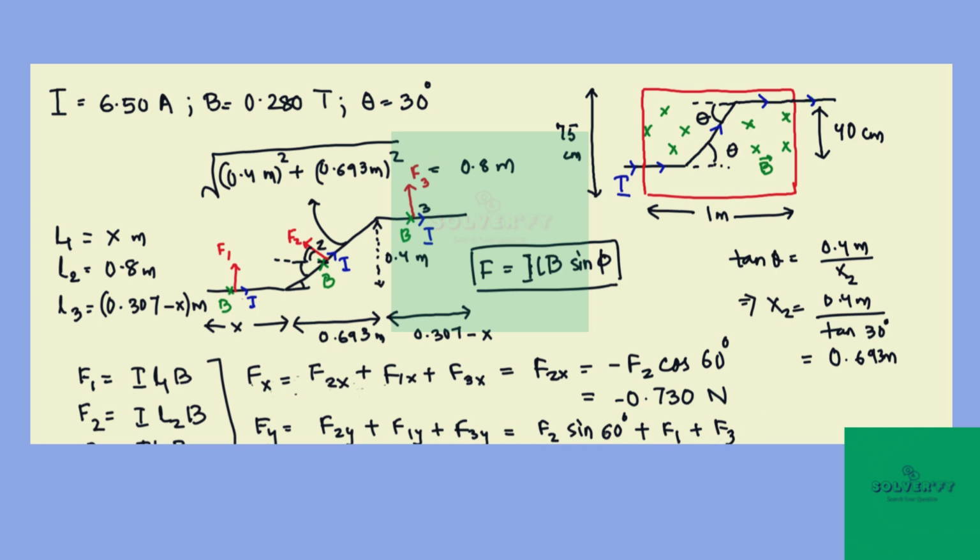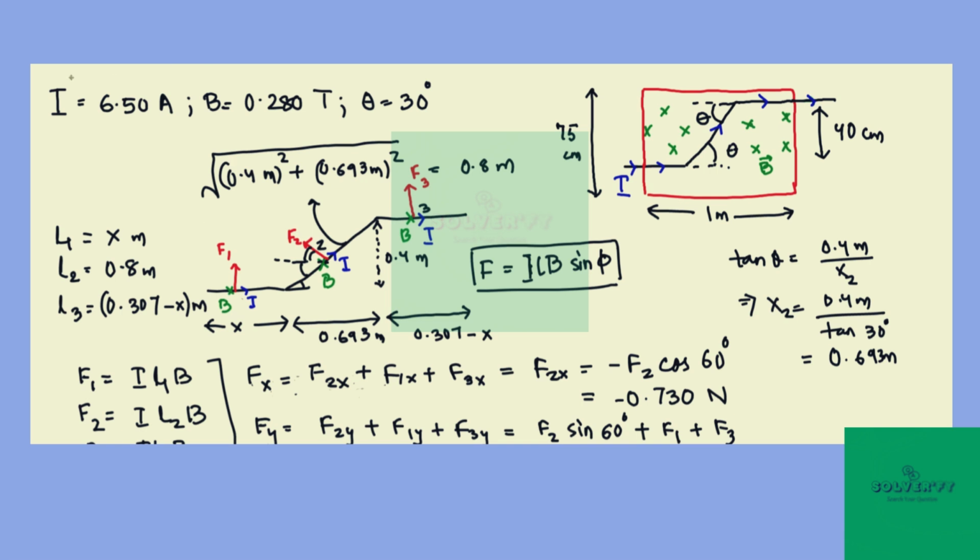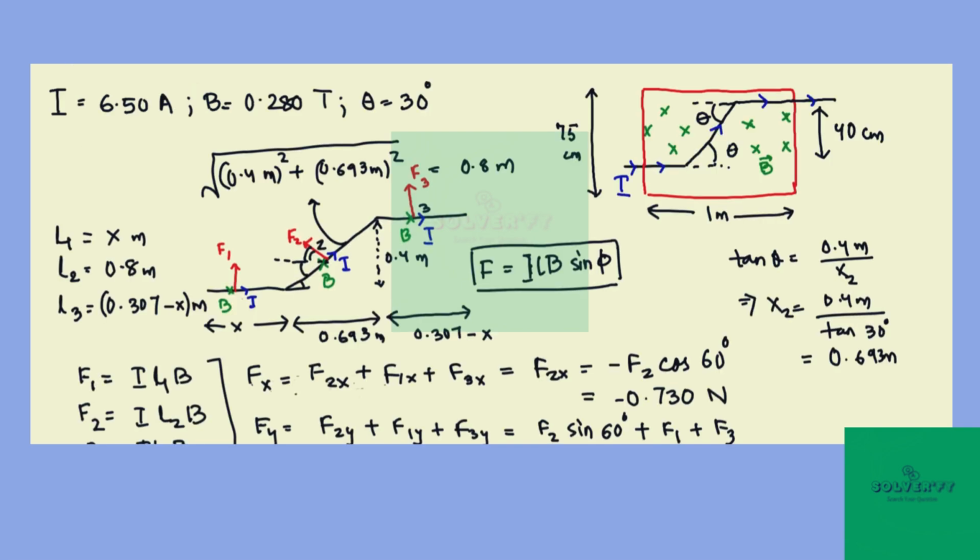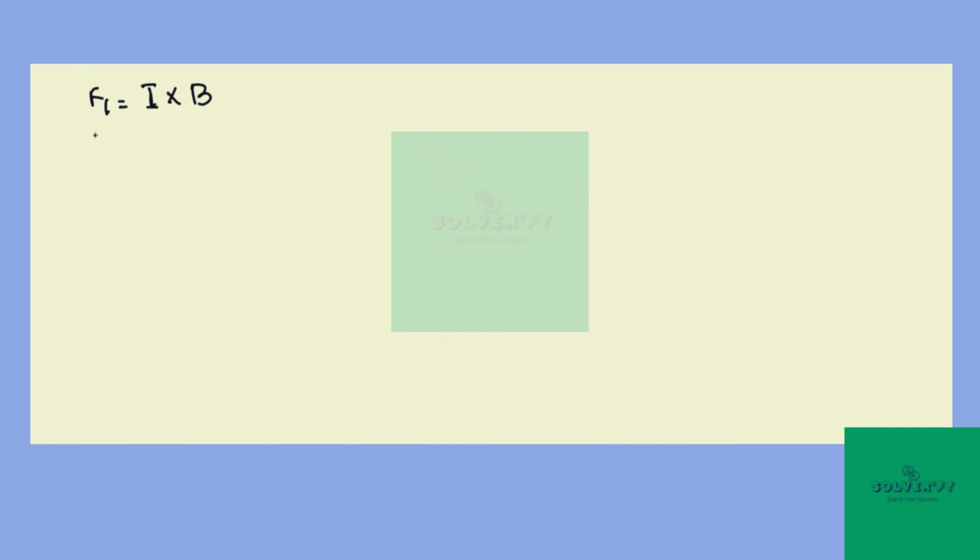Now if you add these two, you'll see that the x cancels out, and let's do that first and see. So F1 is I times L1, which is x, times B. So let's not worry about the units right now.